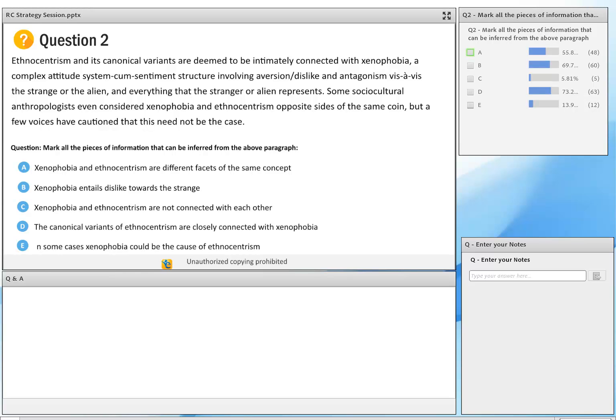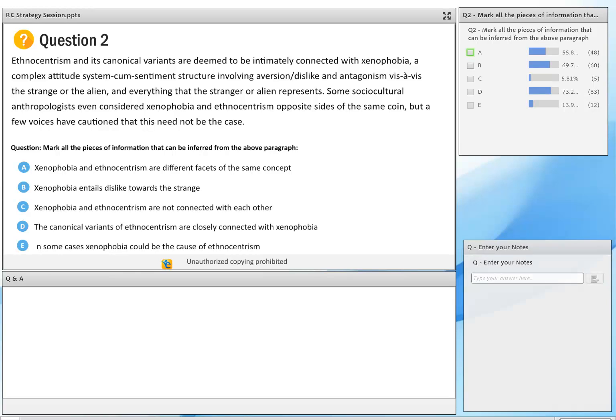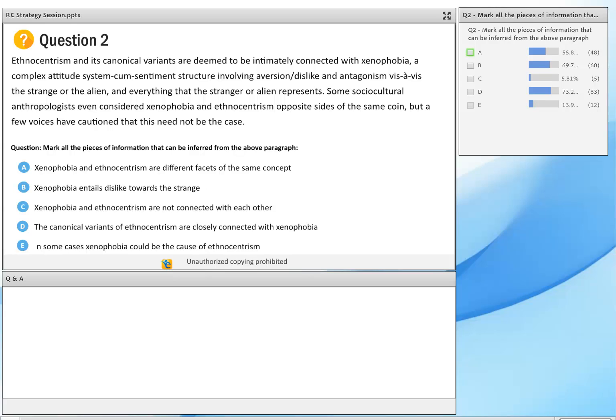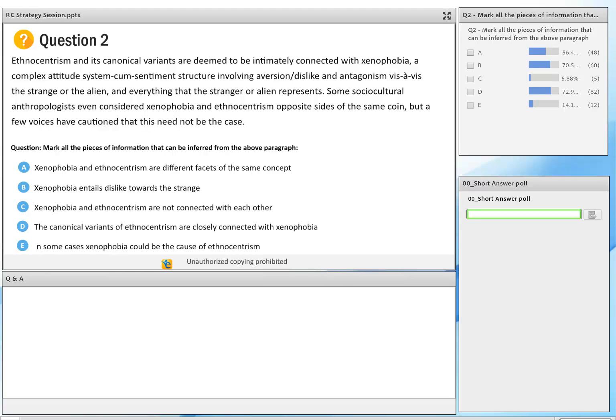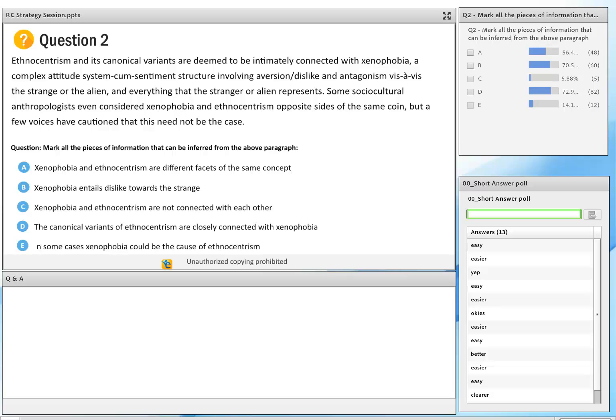Okay, how was the paragraph? How was this passage? Easier than the previous one? More difficult? Clearer? Easier? Now, in this paragraph, my goal is to teach you, obviously, the reading strategies.